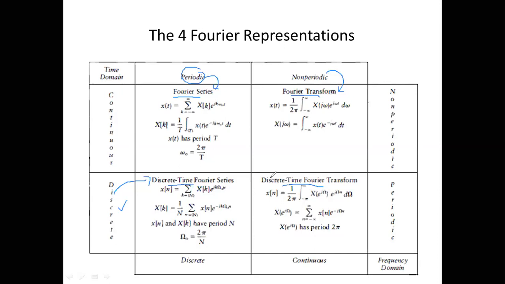So periodic signals will have Fourier series, aperiodic signals will have Fourier transform. For the time being, we will study the Fourier series. We'll start with the continuous time Fourier series, and then go to discrete time once you are done with the continuous time. I will not be going into a much elaborated version of the Fourier series.